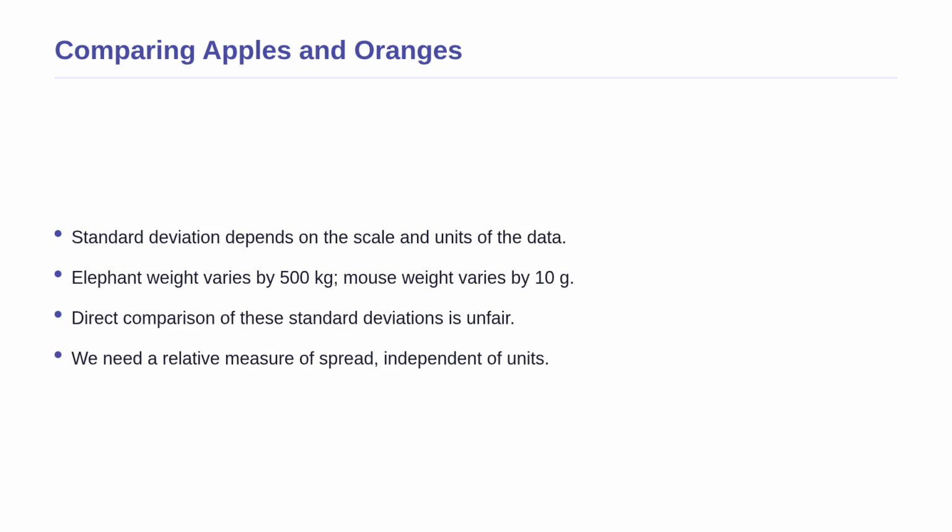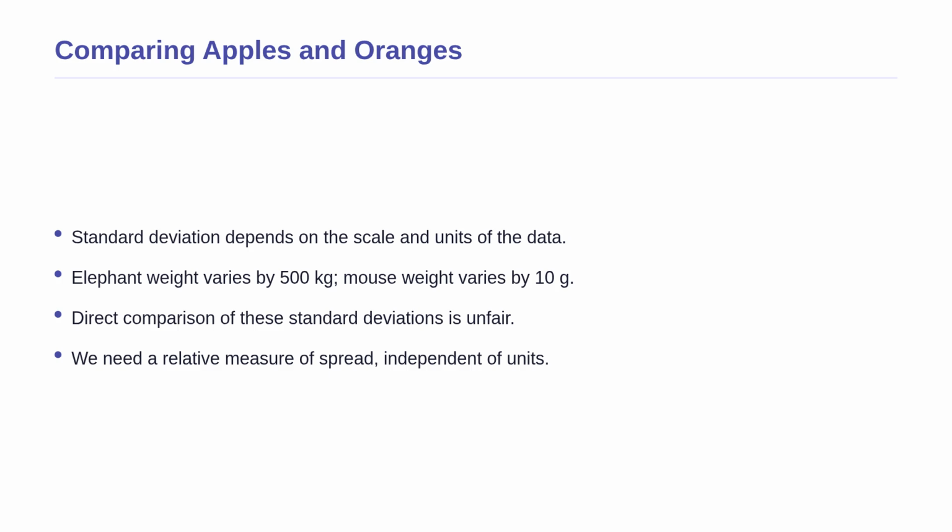Now that we understand standard deviation, we face a new challenge. Suppose you are studying elephants and mice. An elephant's weight might have a standard deviation of 500 kilograms, while a mouse's weight varies by just 10 grams. If you only look at those absolute numbers, you would think elephants have vastly more natural variation.